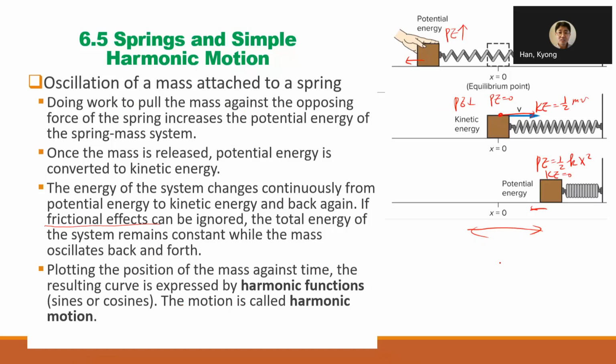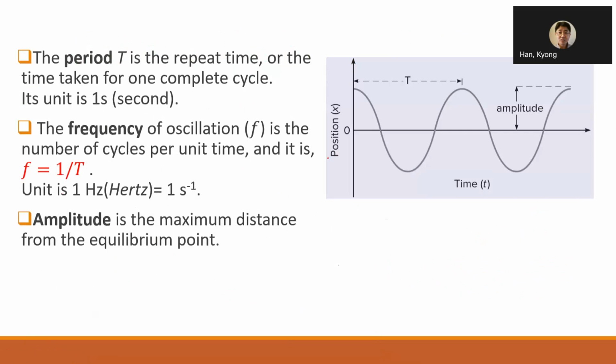If I draw the position moving back and forth while time goes in this direction, it will look like this. The position moves between here and here. This is called the amplitude A, and this is negative A, moving back and forth like that.